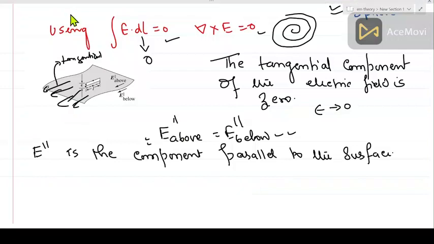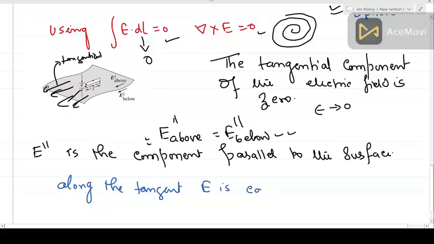So we can conclude that the tangential component, along the tangent of the surface, E is continuous. It does not undergo any change.